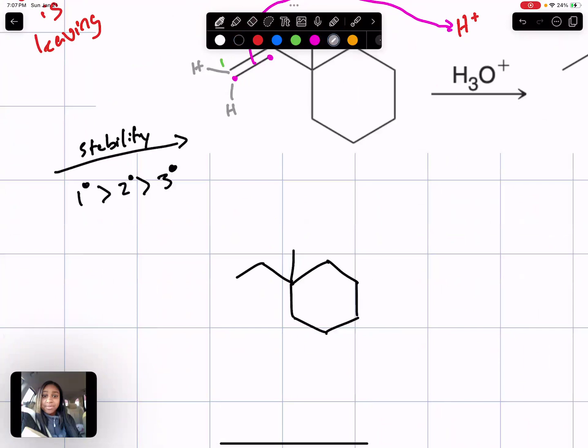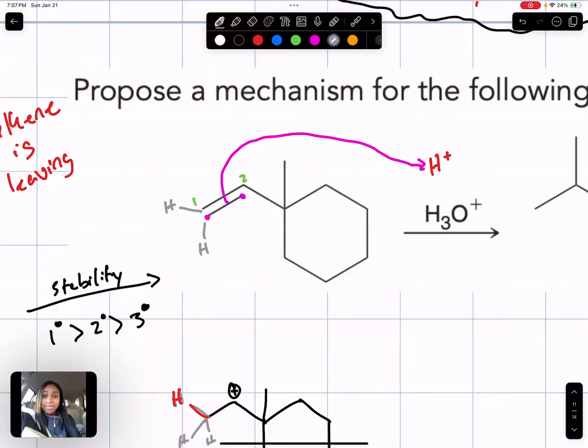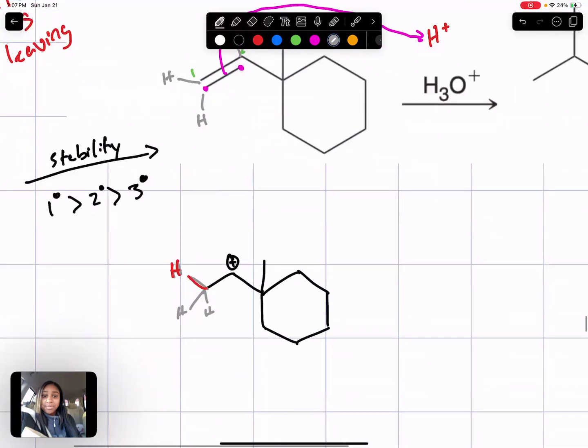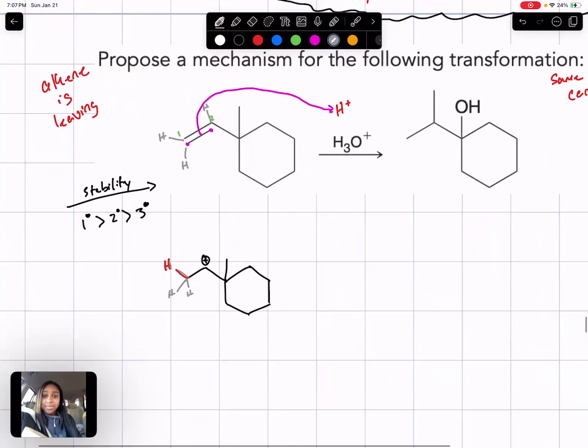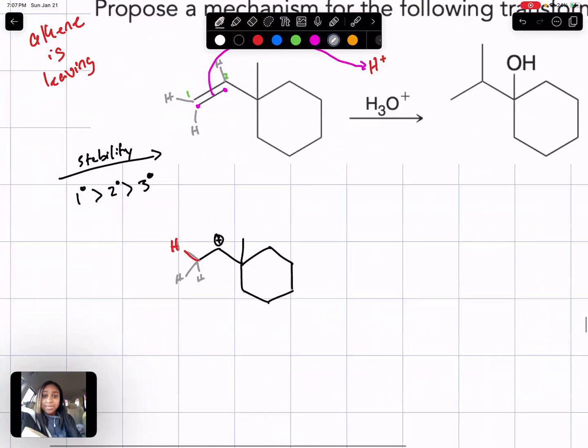We know that it's going to add at carbon number 1. And let me draw this in red. Carbon number 1 still has those other 2 hydrogens. All right, now we formed a positive charge at carbon number 2 because carbon number 2 only had 1 implied hydrogen, right? So it now has a positive charge at carbon number 2. What can we do to this molecule to make it more stable?